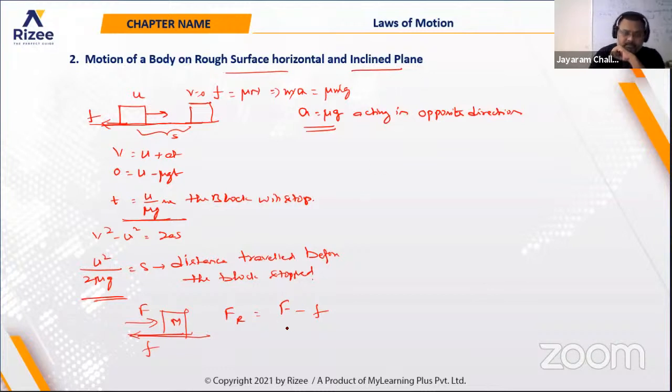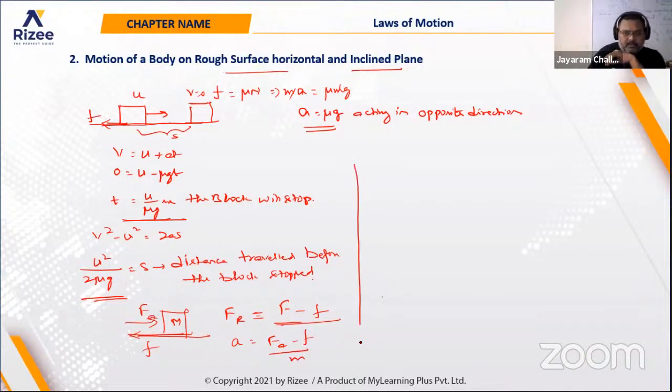If some resultant force is left over, then the acceleration of the system will be the applied force F minus frictional force, divided by m.